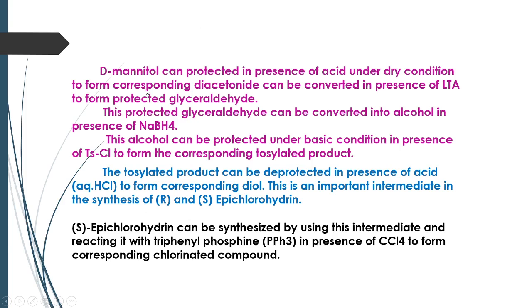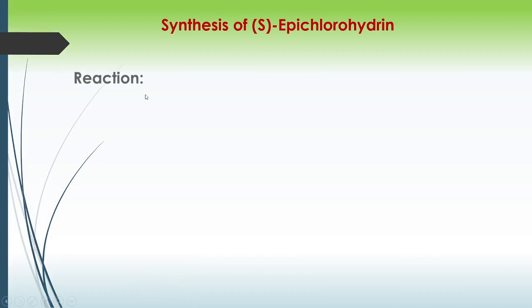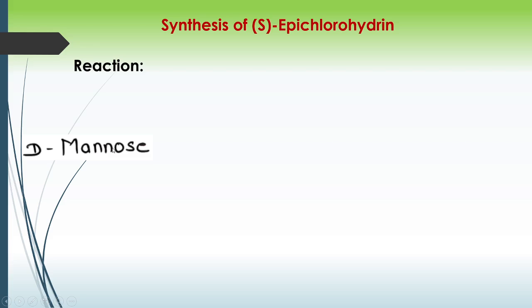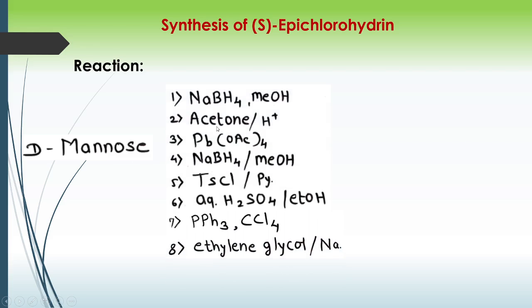So in the first mechanism we have seen the synthesis of R-epichlorohydrin, and now we can see the synthesis of S-epichlorohydrin. So again we start from D-mannose. Here are some reagents to make the S-epichlorohydrin.